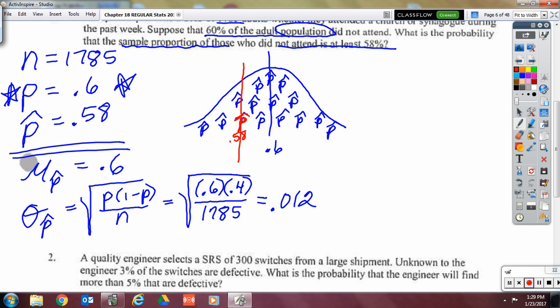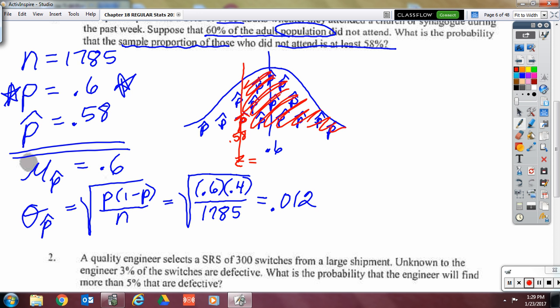Nope, at least is going to be that much or more. If you need at least 20 bucks to go to the mall with, you need that much or more. So the question is asking, where is that point? I need that 0.58 and shade the area to the right. So what do I need to do here at this 0.58 spot?